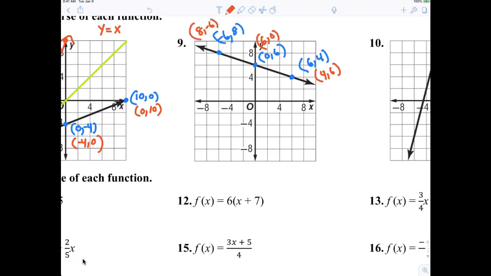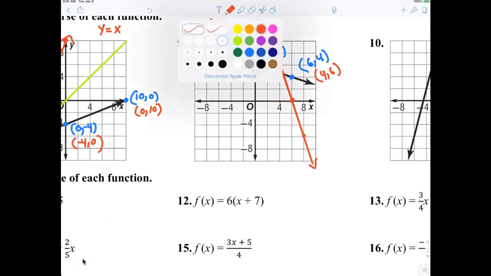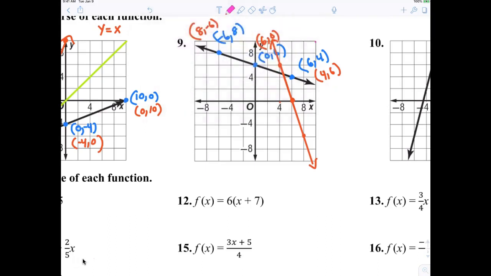So we plot (6, 0), (4, 6), and (8, -6). And then there's that one.